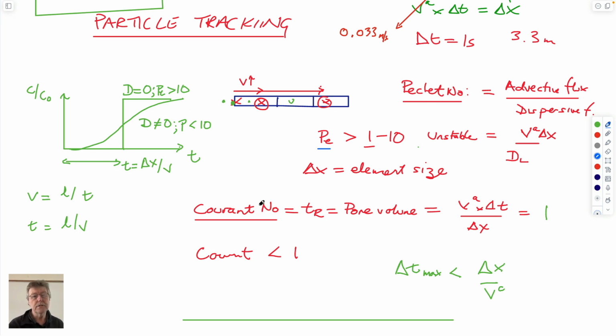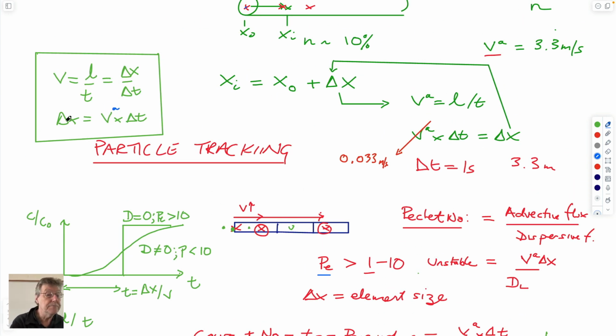And so the accuracy of particle tracking methods is affected by what we call the Courant number, or the pore volumes, because it represents basically a very physical idea. If you're traveling downstream at an advective velocity, and you have a time step in which you record from going from point A to point B, then in one time step you'd have gone a length delta x downstream, right? Advective velocity times time gives the distance that you go downstream.